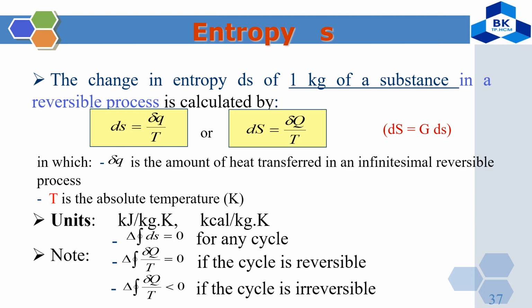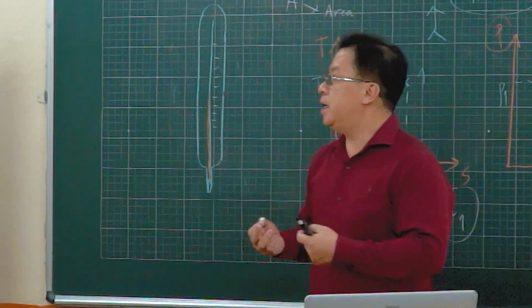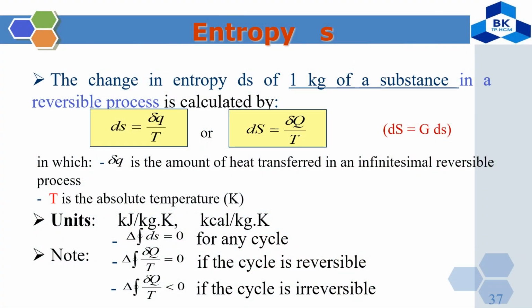Entropy. So the entropy here is a change in entropy, ds, of 1 kilogram of substance in the reversible process. Okay? You know that in thermodynamics we have the definition of reversible and irreversible.